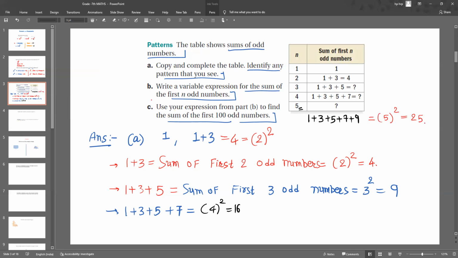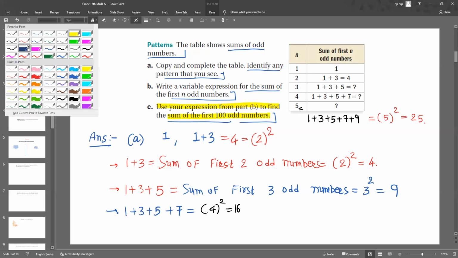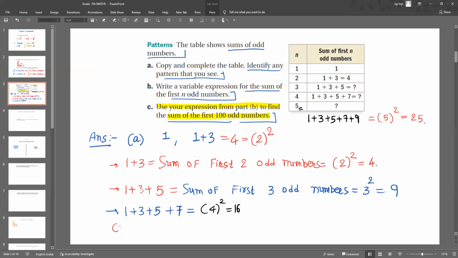Now, according to this, you can easily answer question C, the sum of the first 100 odd numbers. First, I can explain B. B is: write a variable expression for the sum of n odd numbers.